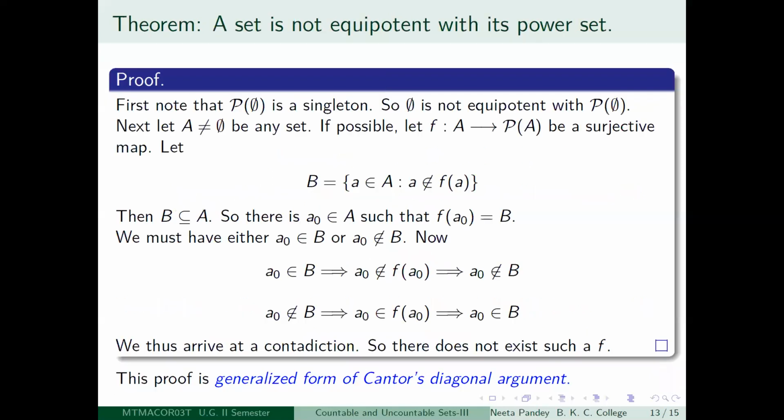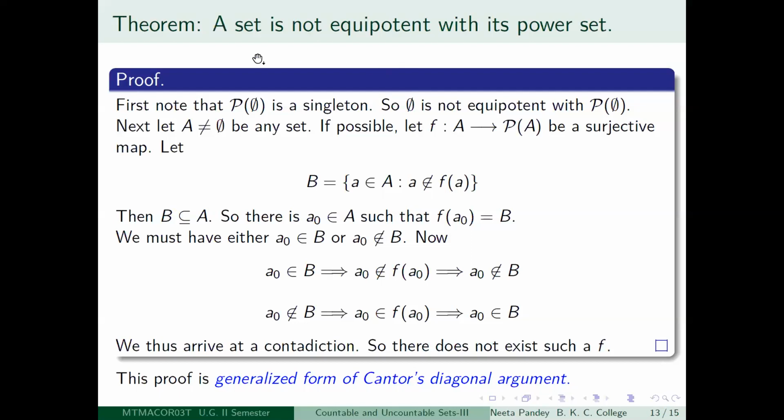Okay. Next result is what we want to prove for basically the set of positive integers. So instead of that, we prove it for any arbitrary set. What is the result? That a set is not equipotent with its power set.